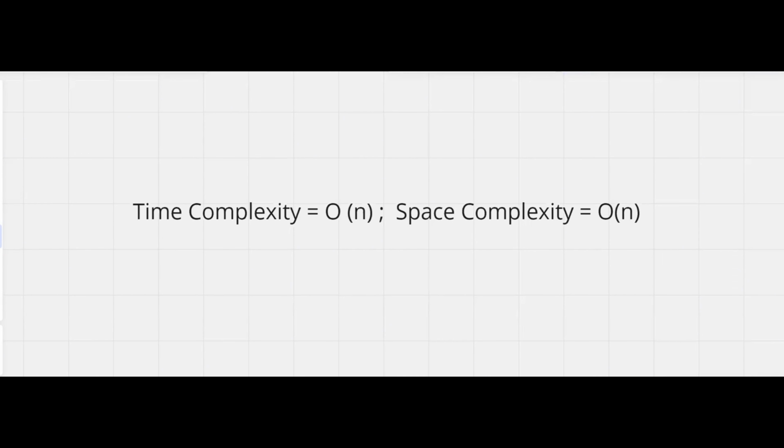And the space complexity of this program is also big O of n. This is because the code uses a map to store elements from the vector along with their indices. In the worst case, all elements of the vector might be stored in the map.